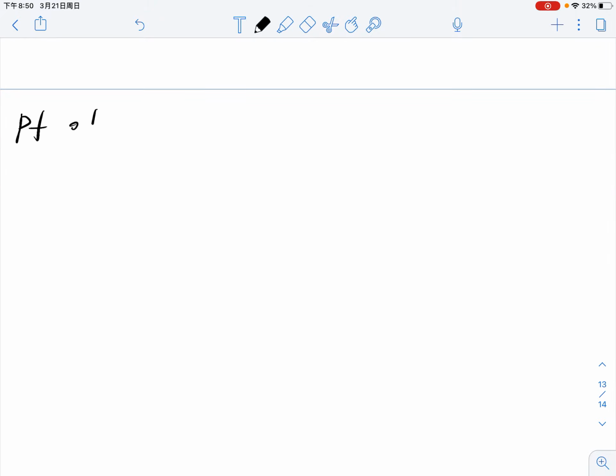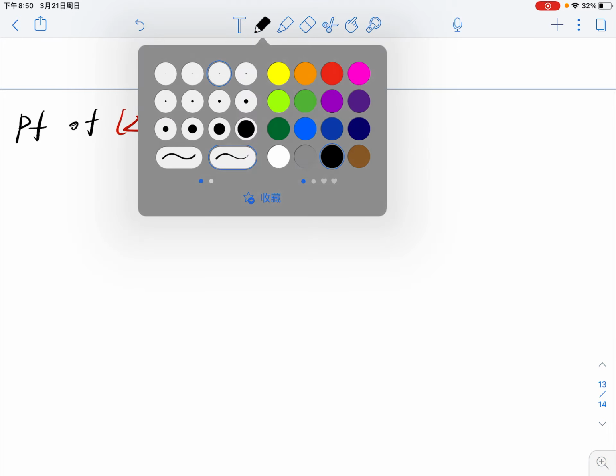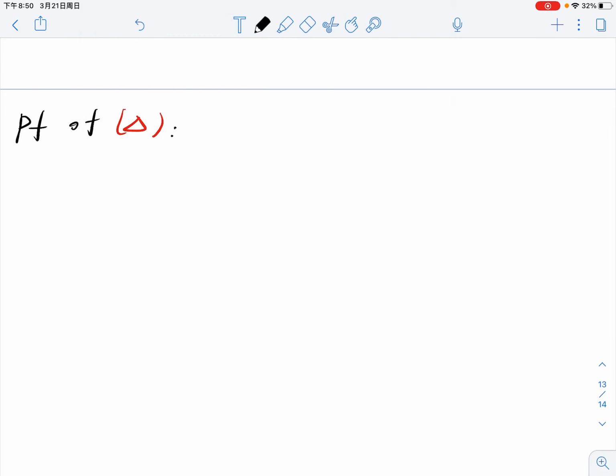Okay, next we are going to prove star. But very briefly, if you have interest, you can work out the details.